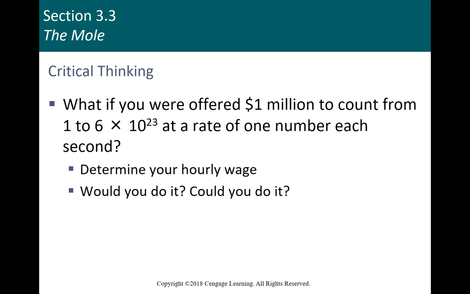Even if you take that number times 3,600, it moves the decimal over 3 places, so you're talking about some dollar amount times 10 to the negative 15. So your hourly wage would be very, very tiny. And so just don't jump on that $1 million.